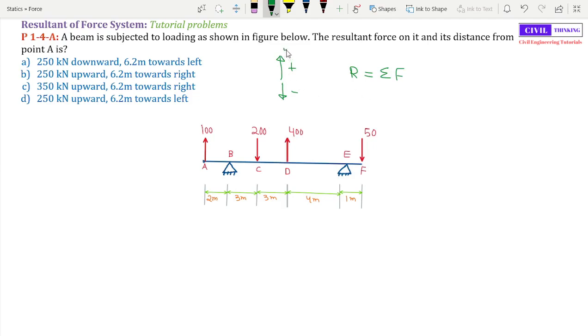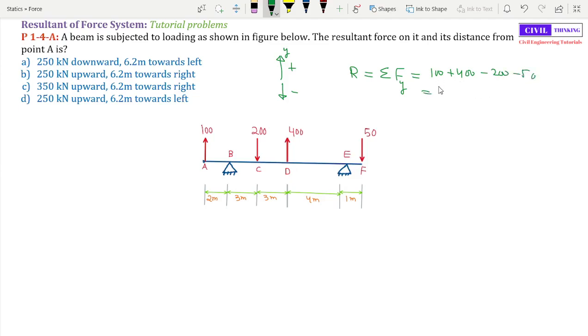Let the vertical direction be Y. So the resultant is the summation of all the forces in the Y direction. Now 100 is upwards, so it is positive, and 400 is also upwards, so it is 100 plus 400. Now 200 and 50 are both downwards, so they are negative: minus 200 minus 50.